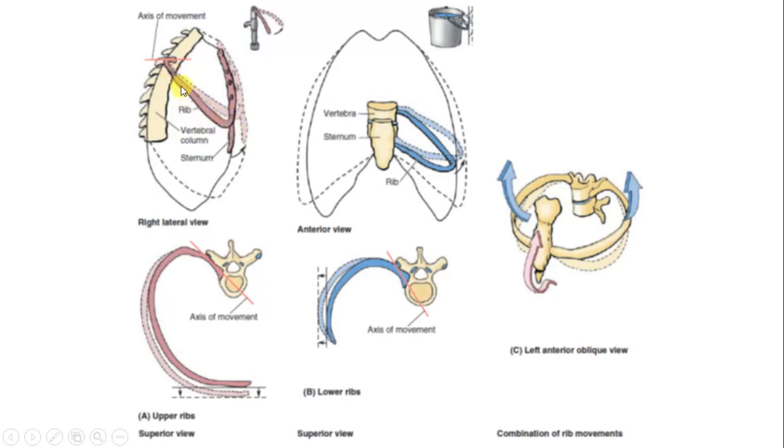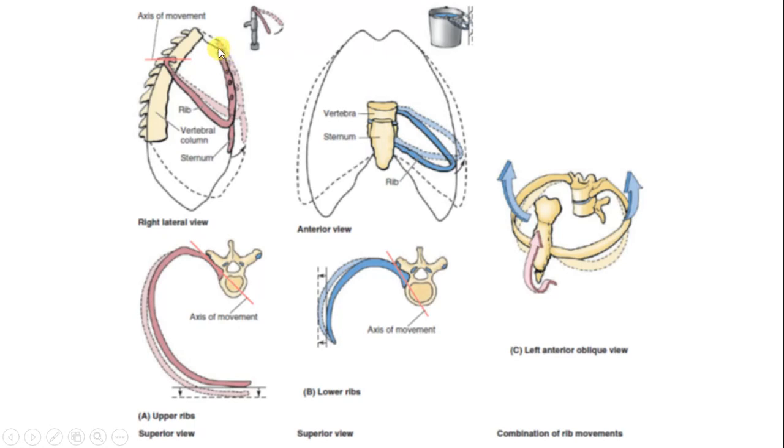So what is happening here is that the sternum is moving a little bit, because we know that the manubriosternal joint is a secondary cartilaginous joint, and small movement can occur here, up to 7 degrees.